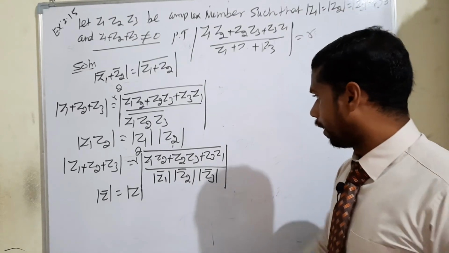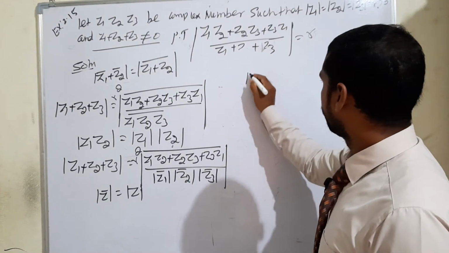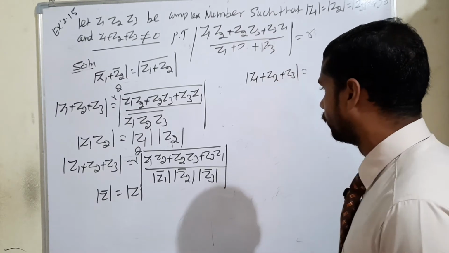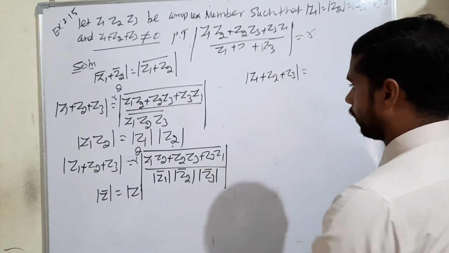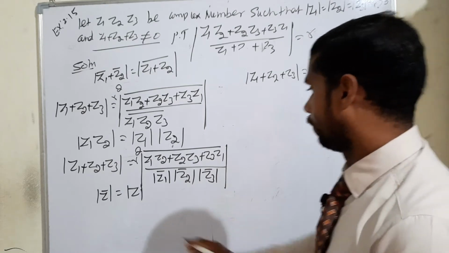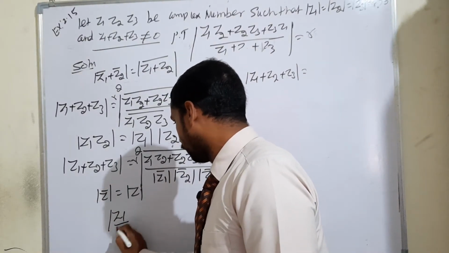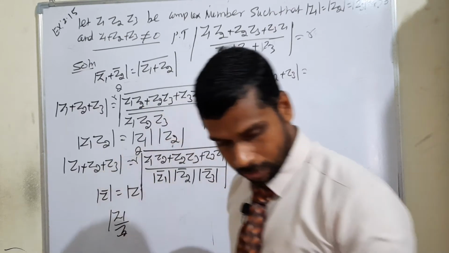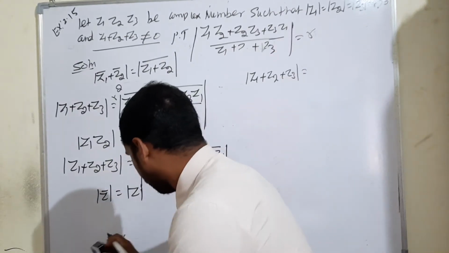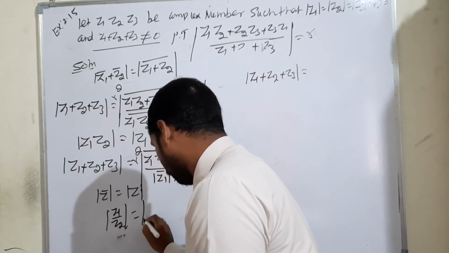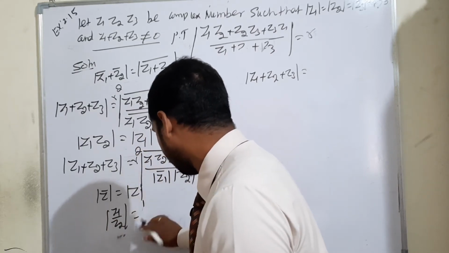Now look at there, modulus of Z1 plus Z2 plus Z3. First property, modulus of Z bar. Another property, modulus of Z1 divided by modulus of Z2, the whole modulus, means we can write separate, no?